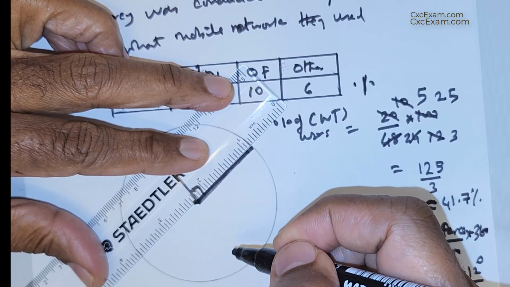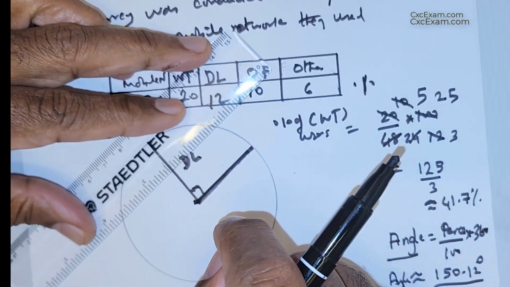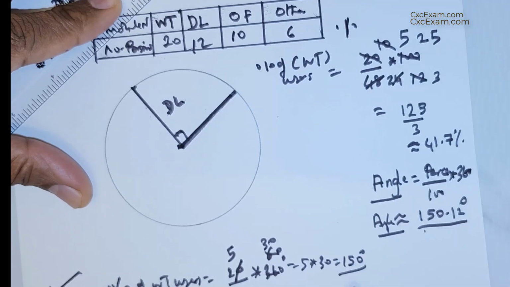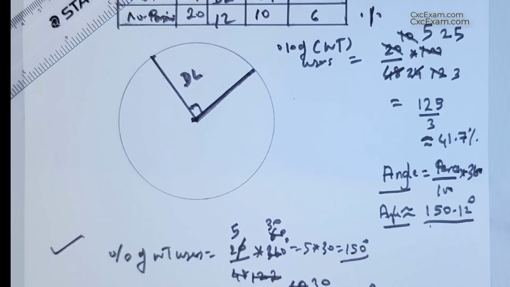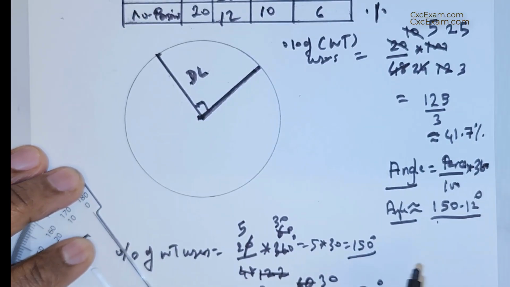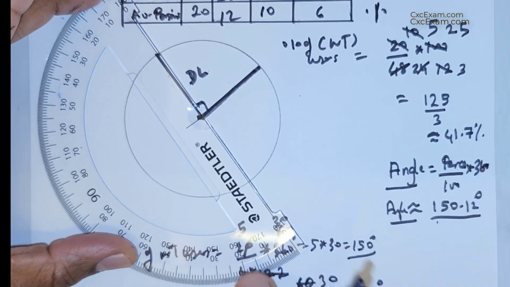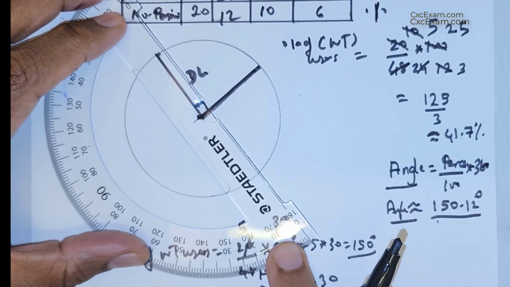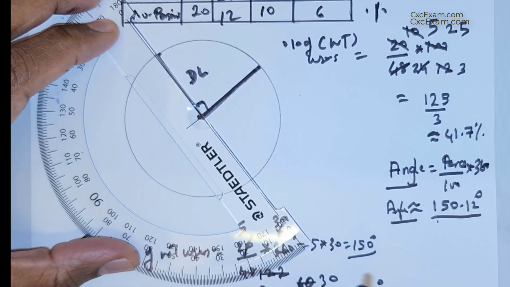Now from 90, we need to have 150 degrees. So we need to have this 150 degrees plotted. Let's see how to do that. To plot this 150 degrees, just keep the protractor on this line, and you take the measure of 150 degrees.